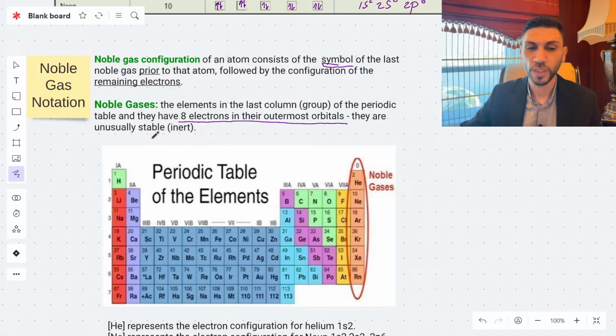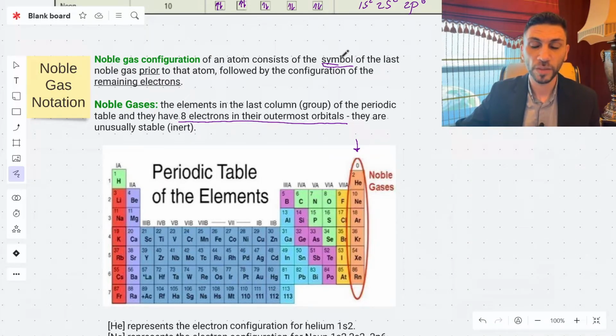They are unusually stable. We call them inert because they never react. They are very stable, those noble gases. It means 8 valence electrons. This is group 8 or 18. All of them have 8 valence electrons except for helium, which has a full outermost shell, which is 2 electrons.